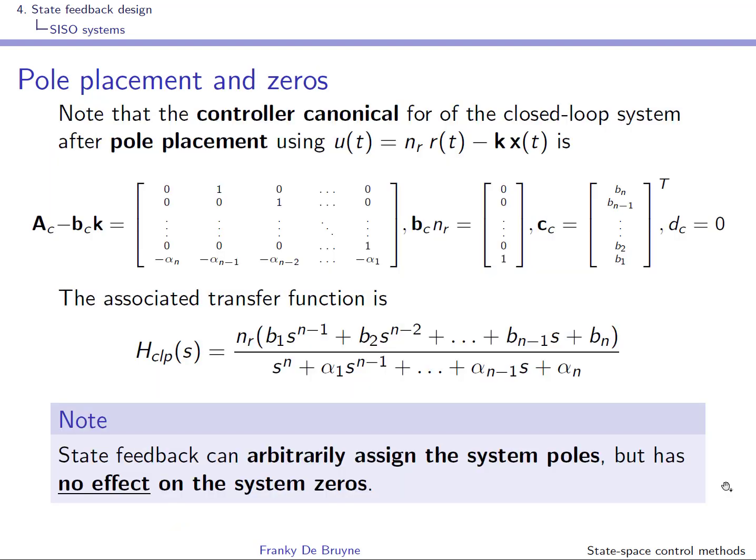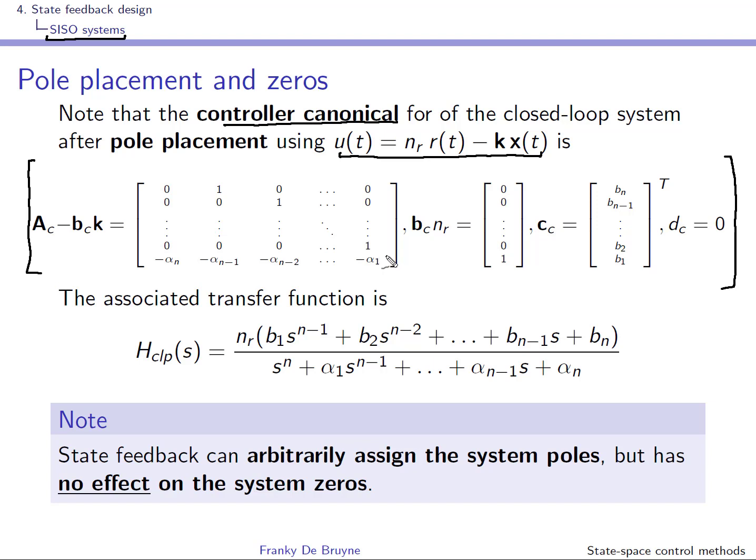So we have implemented a state feedback of the type that is shown here, and remember that we are working with single input, single output systems. And well, if you start from a controller canonical form and you apply this state feedback, you'll end up with a realization of the system in closed loop that is also in controller canonical form.